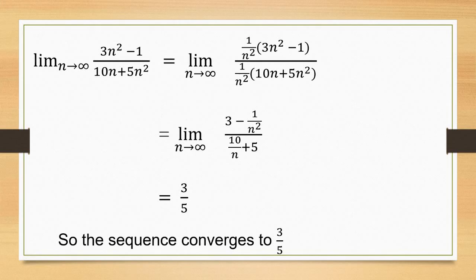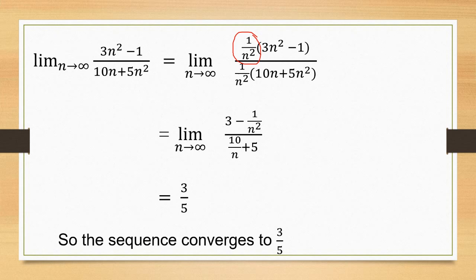Now, to get the limit of (3n squared minus 1) over (10n plus 5n squared) as n approaches positive infinity, we have to multiply 1 over n squared to the numerator and the denominator. In this way, we will be able to use the previous theorem.